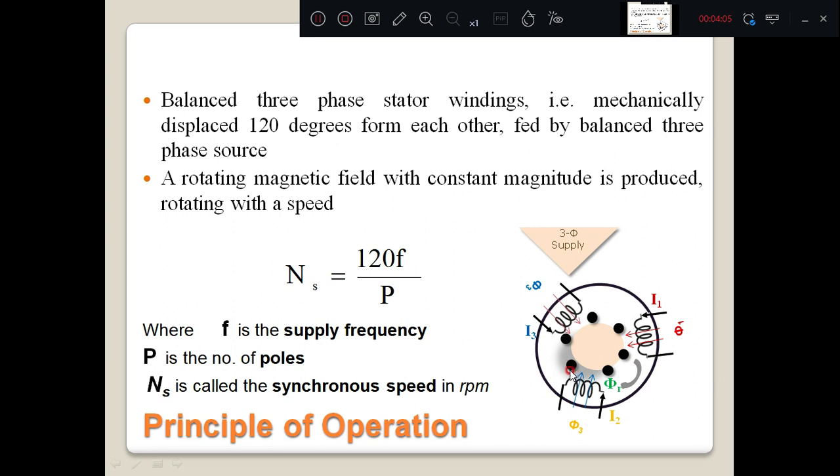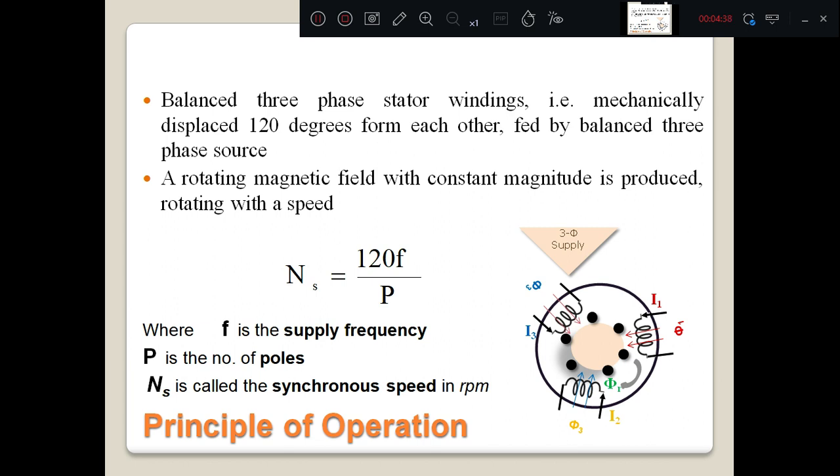According to Faraday's laws of electromagnetic induction, whenever the flux cuts the conductors, there is an induced voltage in the rotor conductors. Because the flux is rotating and the conductors are stationary, there is an induced voltage in these rotor conductors. At the same time, we know that these rotor conductors are short circuited on either side. Therefore, the current starts flowing in the rotor conductors.